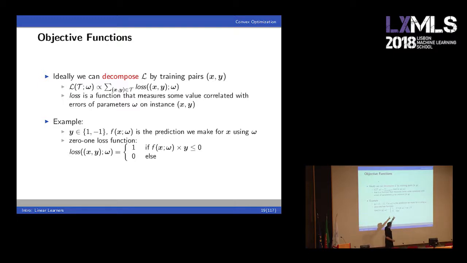For binary classification, what that means is if the label is positive, then the prediction has to be positive as well. If the label is negative, then the prediction has to be negative as well. Otherwise, we incur an error. If we make the right prediction, no error. So this is a step function.